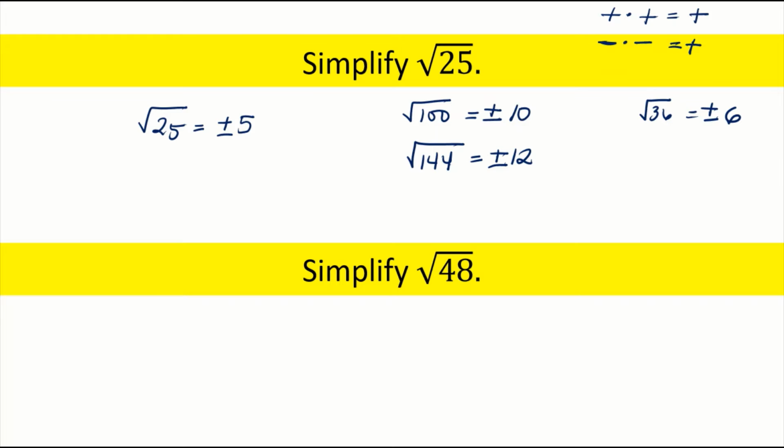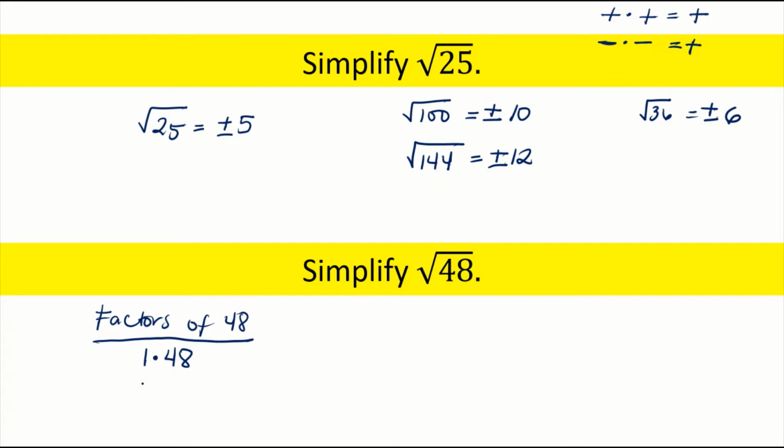Like we have square root of 48. To simplify square root of 48, let us list all the factors of 48. What are the two numbers that, when multiplied, give 48? We have 1 times 48.